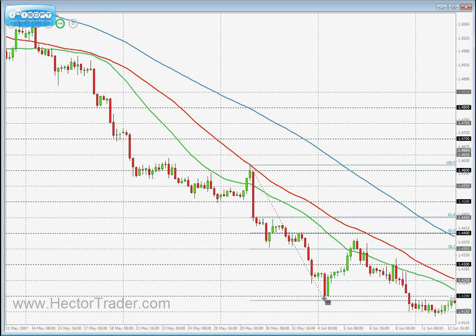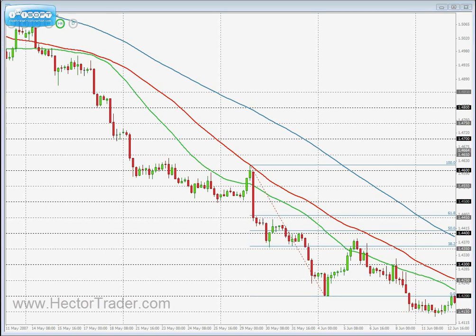Well, let's draw some Fibonacci's as usual. It's overshot a little bit the 38, right between the 38 and the 50. Nonetheless, as you guys know, I treat the area between the 38 and the 61 as an area of resistance. I don't really pay that much attention to those exact lines.